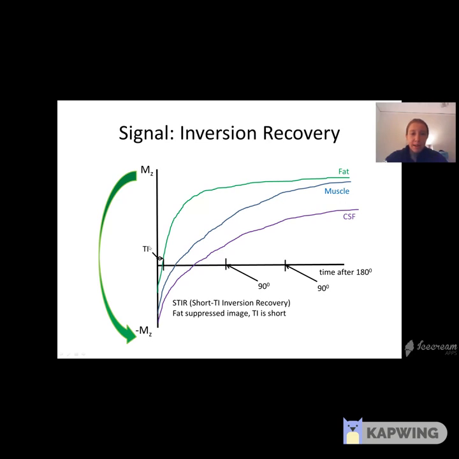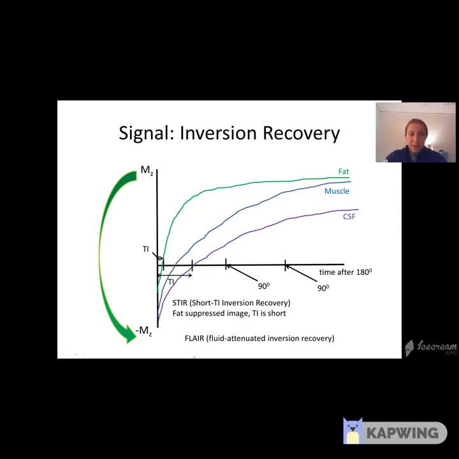And this is at time TI. So if we apply a 90-degree pulse here for all these different substances within the image, we're going to cancel out fat. The name of this inversion recovery is STIR, short TI inversion recovery. It's a fat suppressed image, so the TI is quite short.